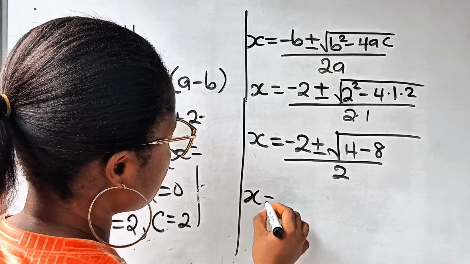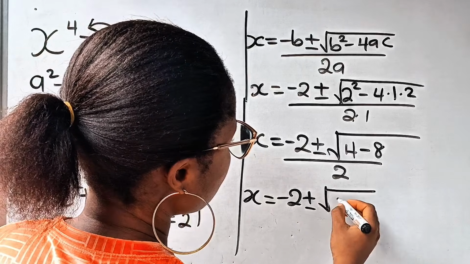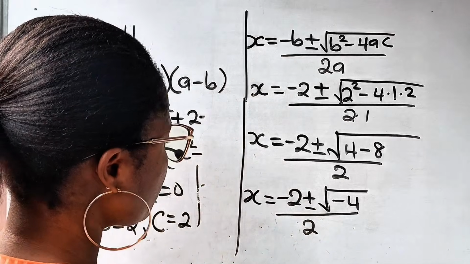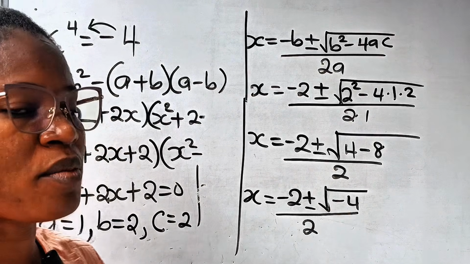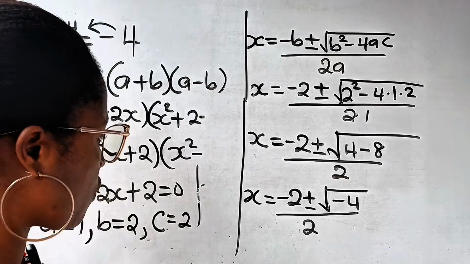So we have x is equal to minus 2 plus or minus the square root of negative 4 divided by 2. Now, the square root of negative 4 can be written as the square root of negative 1 multiplied by the square root of 4.